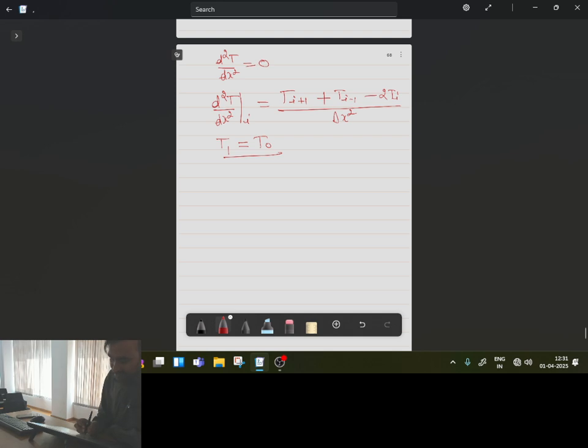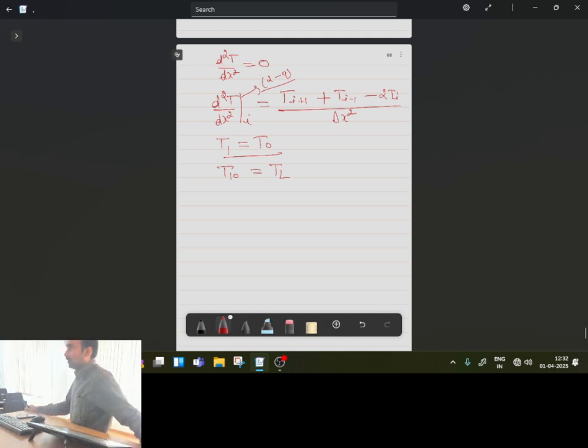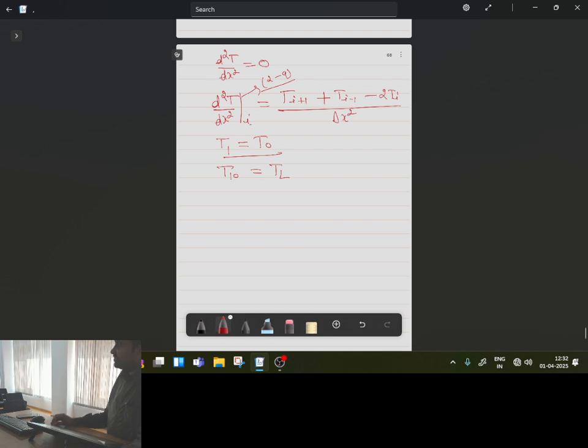And the last node has temperature TL. Now I need to vary the value of i from 2 to 9, because that is where temperature is not known to us. Only for these nodes do I need to determine the temperature. So first I will write for node number 2. What will I get for node number 2?